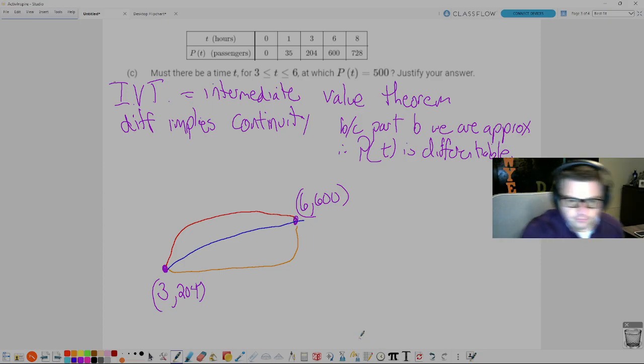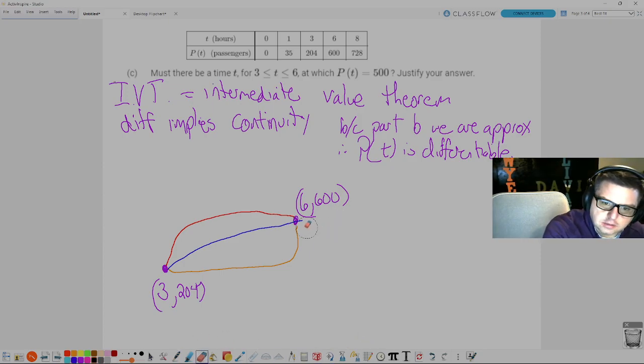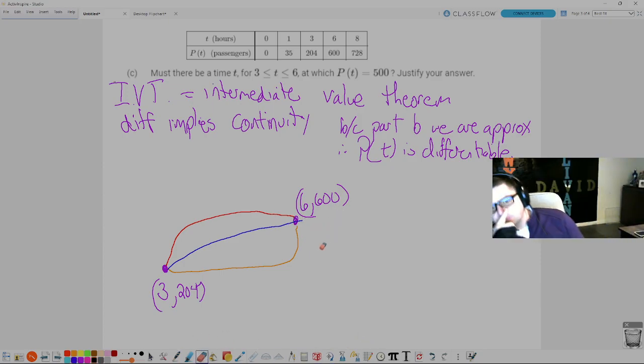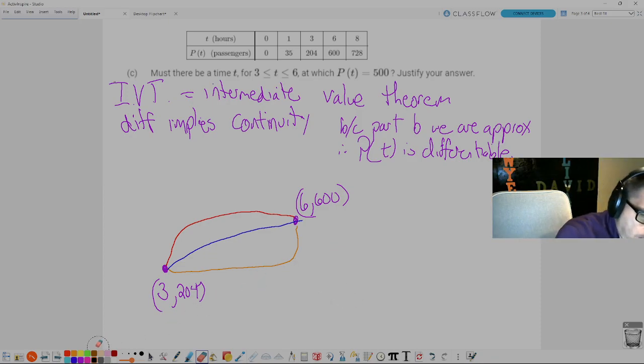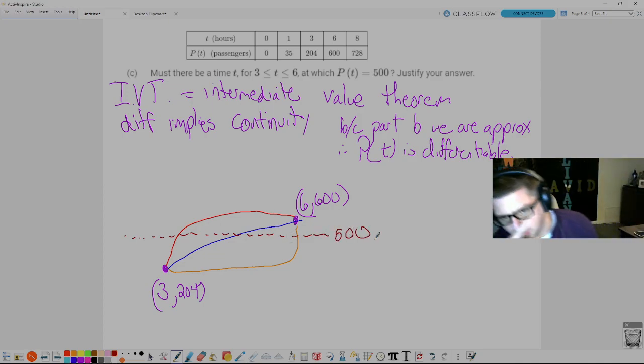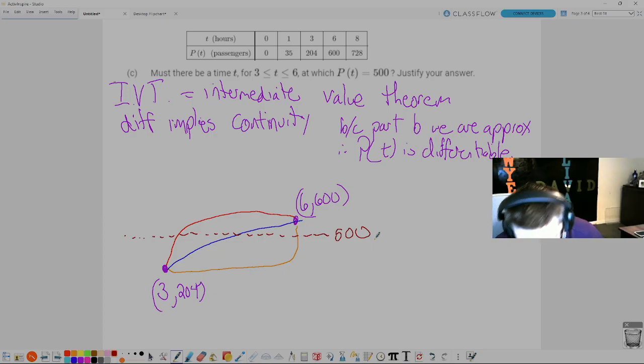Whatever we're doing, at some point in this process, we have to cross 500. So that's what the IVT uses, and that's what we're trying to justify when we do this.